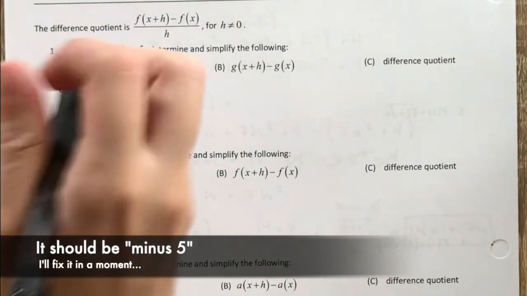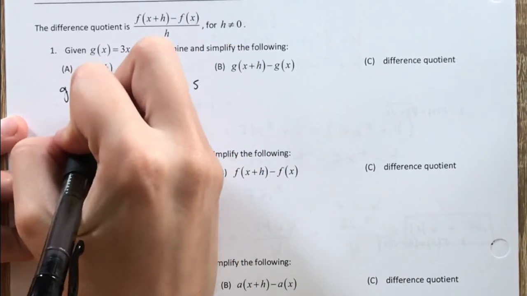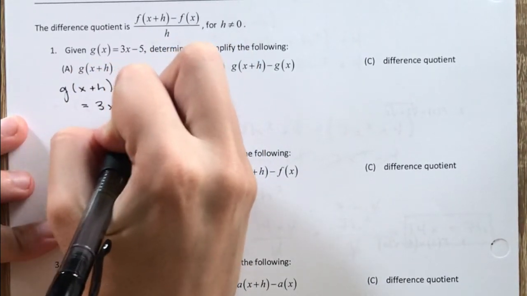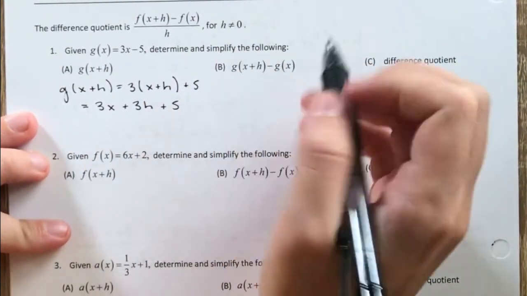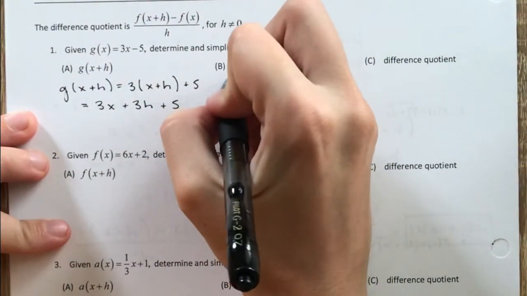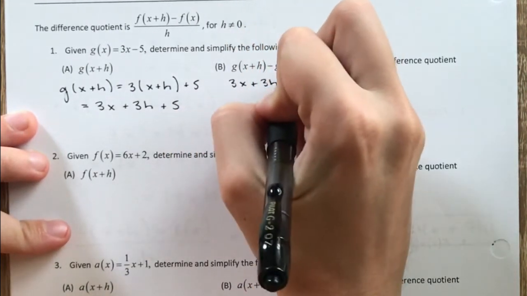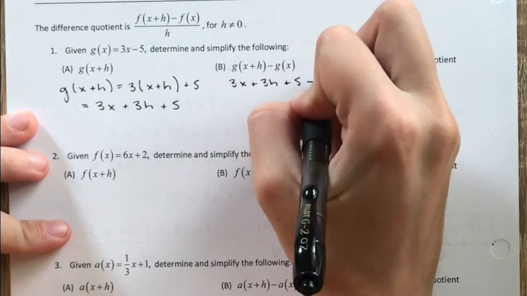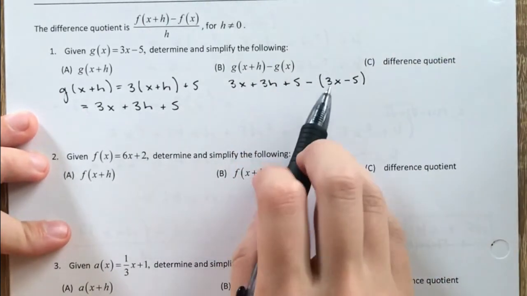Again, we want to simplify. We need to distribute this 3 to each term. So we have 3x plus 3h minus 5. Our next step, we want to subtract g of x from that. So we are starting with 3x plus 3h minus 5 and subtracting 3x minus 5.